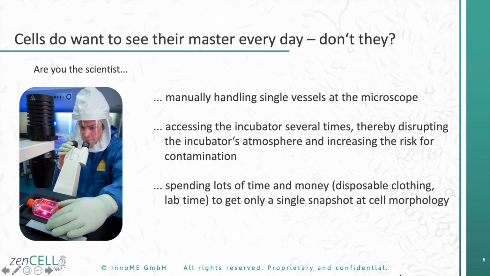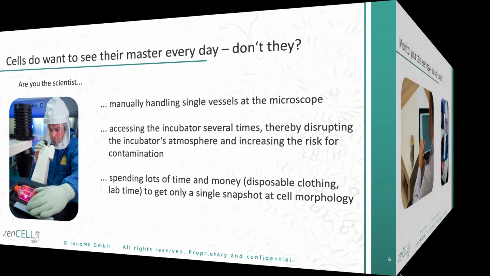Furthermore, we are spending a lot of time and also money, here in this picture, for example, on disposable clothing, to get only a single snapshot at the cell morphology. So, shouldn't it be the other way around?